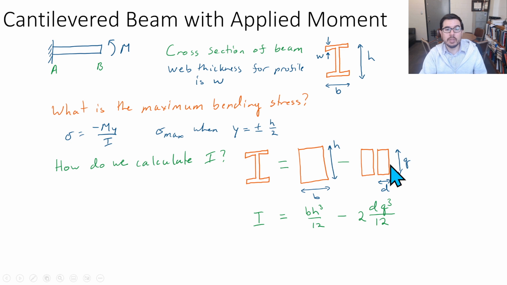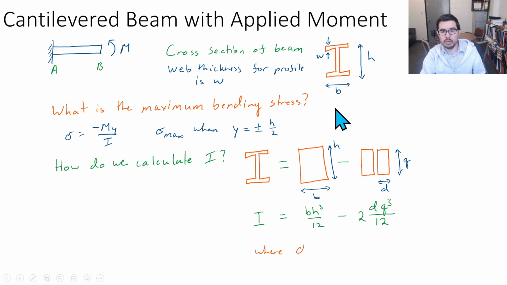So I'm using the summation, or now the subtraction, property of the parallel axis theorem, but I don't have to account for that d_i squared term and that area term. So this approach is fine. It's correct. I'm removing this material, and I am removing that second moment of area from it.